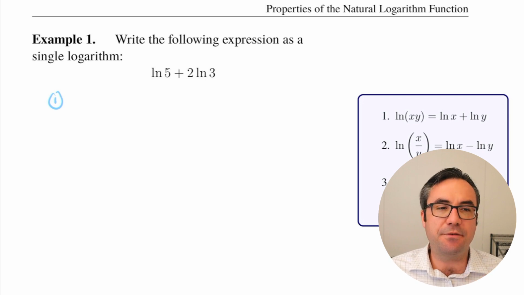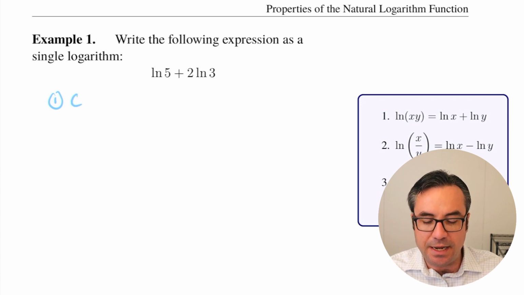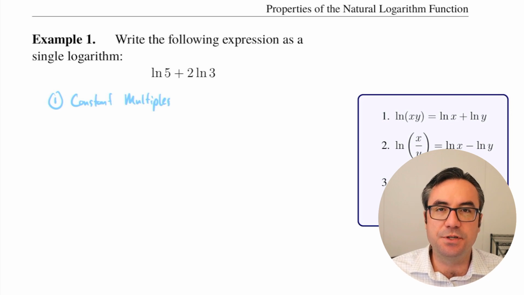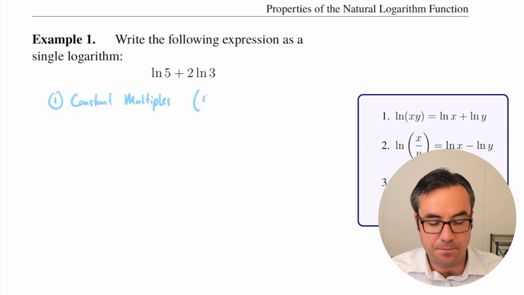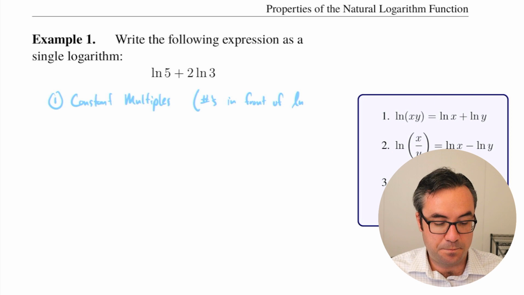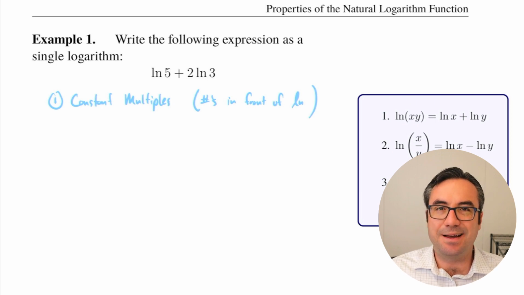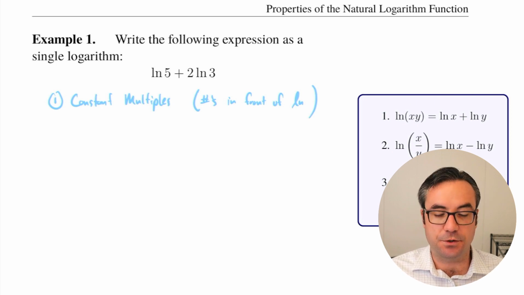The first thing we have to do is deal with any constant multiples in our expression. So these are numbers in front of natural log. All right, so we have to do something with those first.